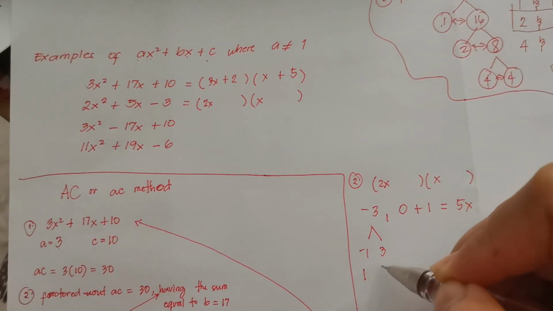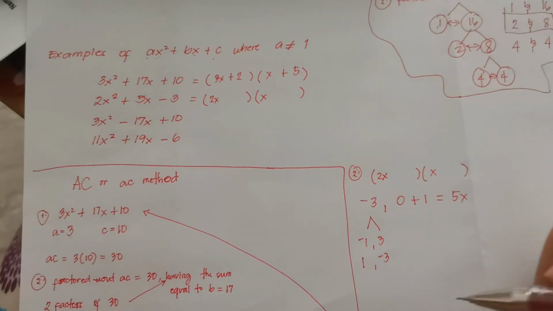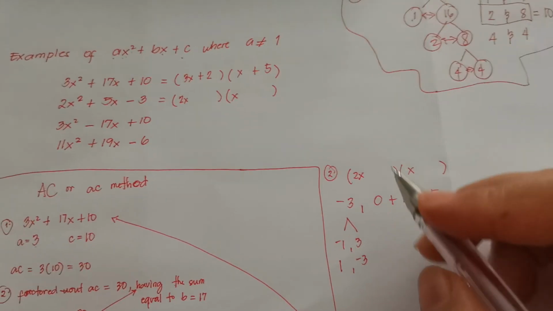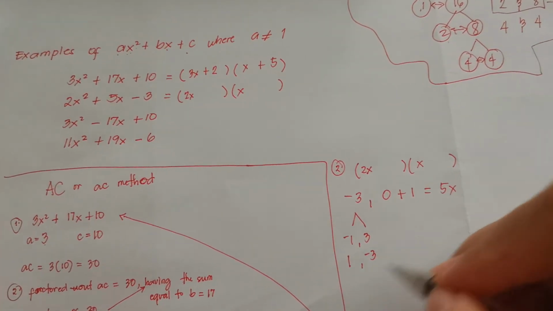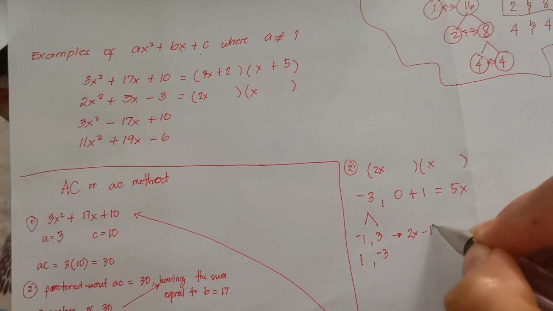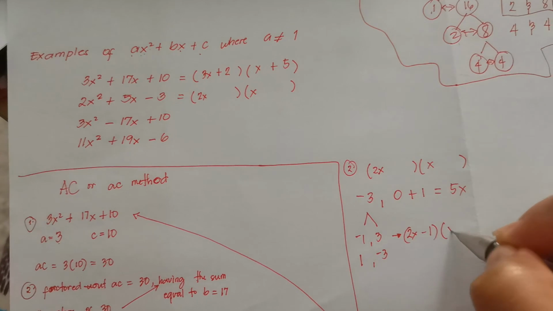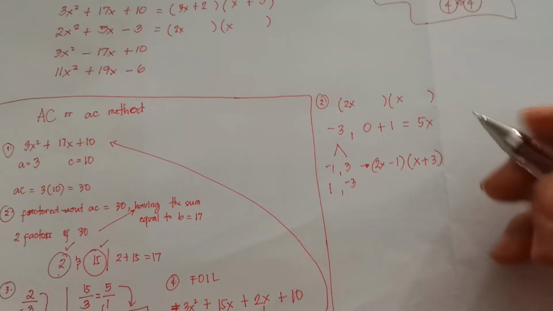Positive 1 and negative 3. Right? Amo naman na yung factors ni 3. So, kung dirita ibutang, unahon tadi si negative 1. So, if we're going to use this one, 2x minus 1 and x plus 3, kung kaya nyo ma-mental class, it will shorten the process.